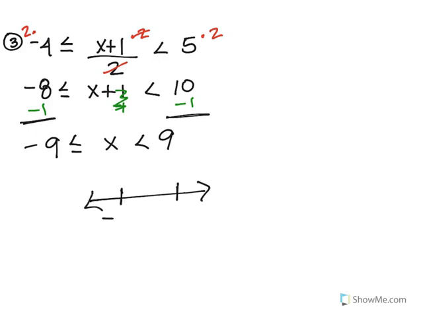Number line, we got -9 before 9. Shade is in the middle. What symbol is on -9? And what's on 9? Parenthesis, good. So my interval is going to be... good.